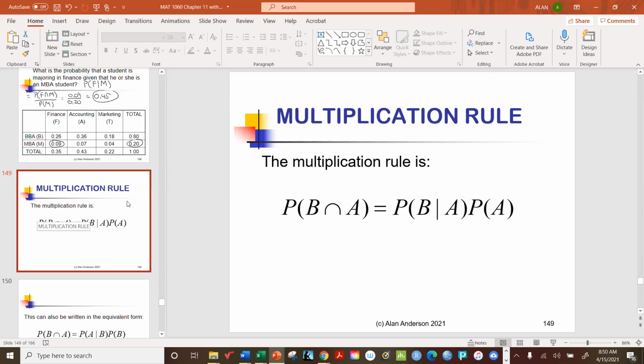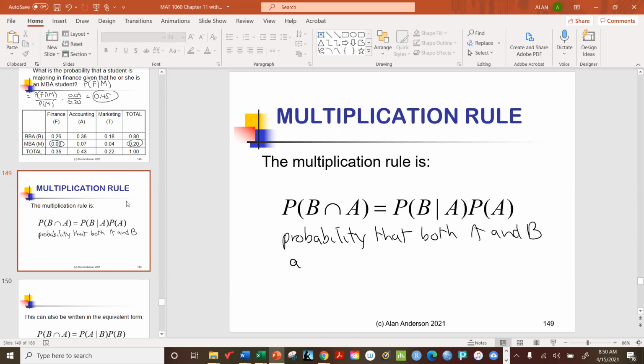So this is the probability that both B and A are true. Okay, and remember, this is the symbol for intersection, which is also in terms of English the same thing as and.